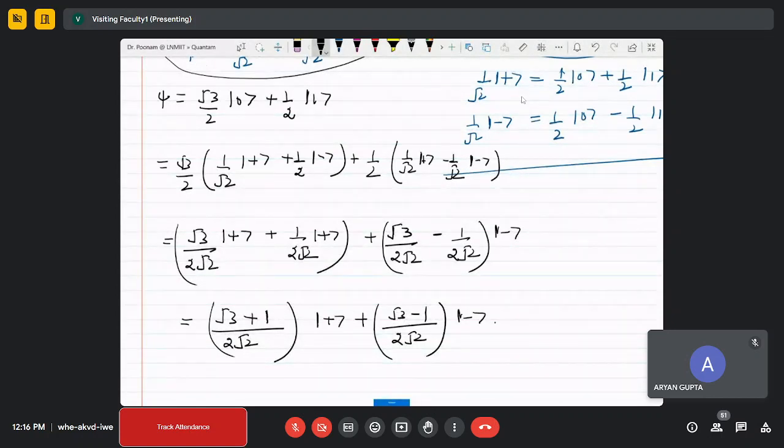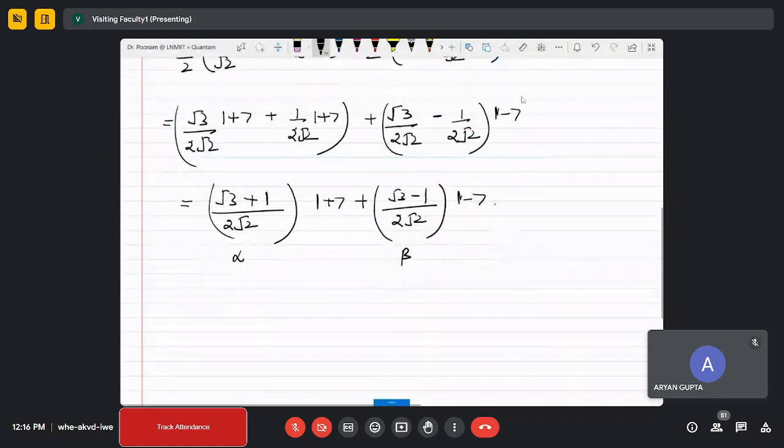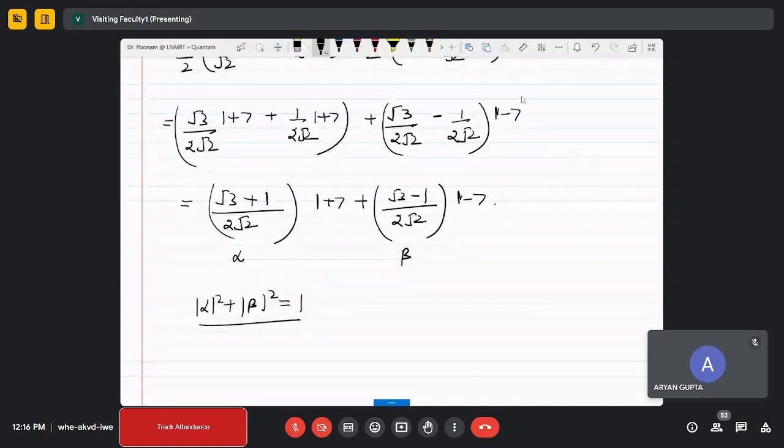Is it clear? So how have you got it? Now, is it a valid quantum bit? You have to check the norms. The sum of the squares of the probability amplitudes should be equal to 1. So this is alpha, this is beta. For it to be valid, what we require is that this should be 1. Let's check it.